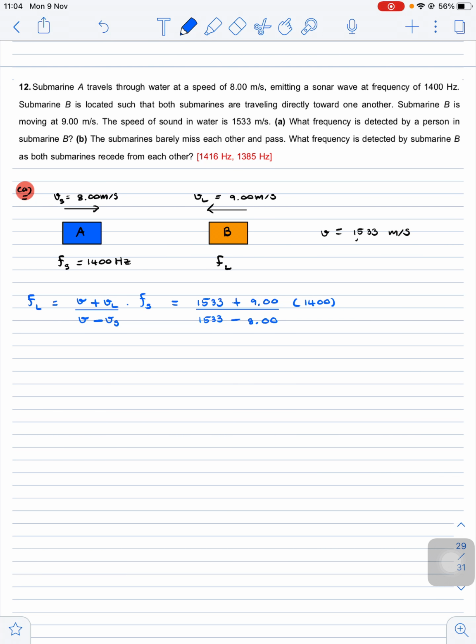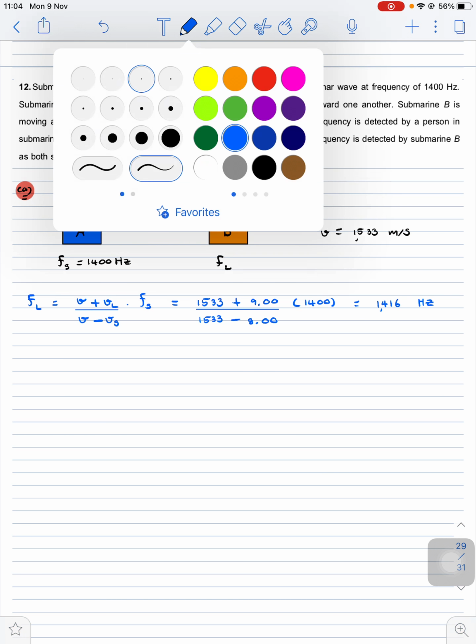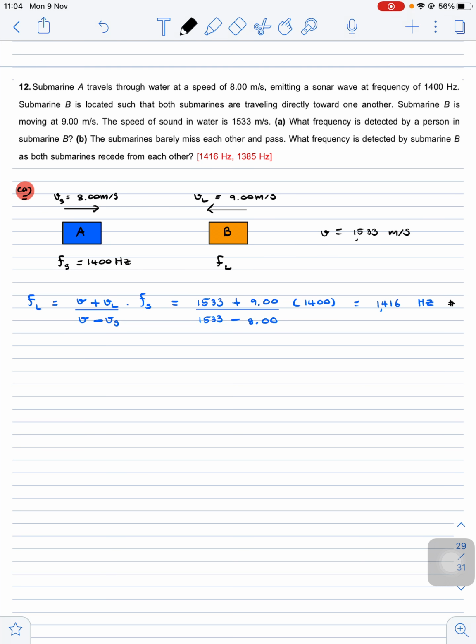In this case, it is going to be equal to 1416 hertz. Okay, that's going to be the answer. So you can see that the frequency the listener hears is larger than the frequency of the source.